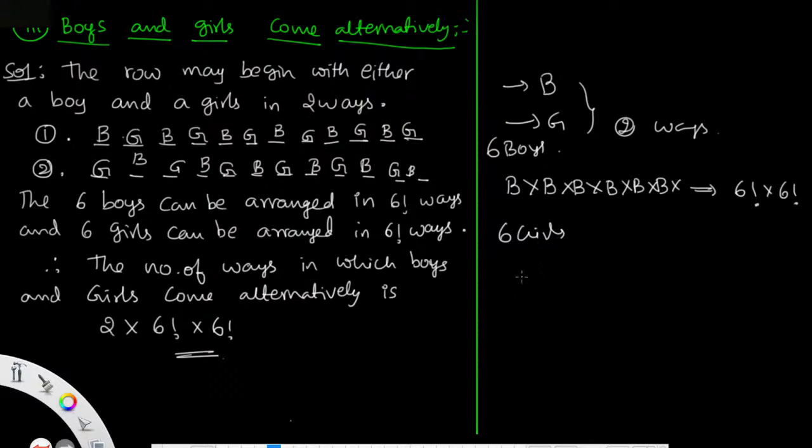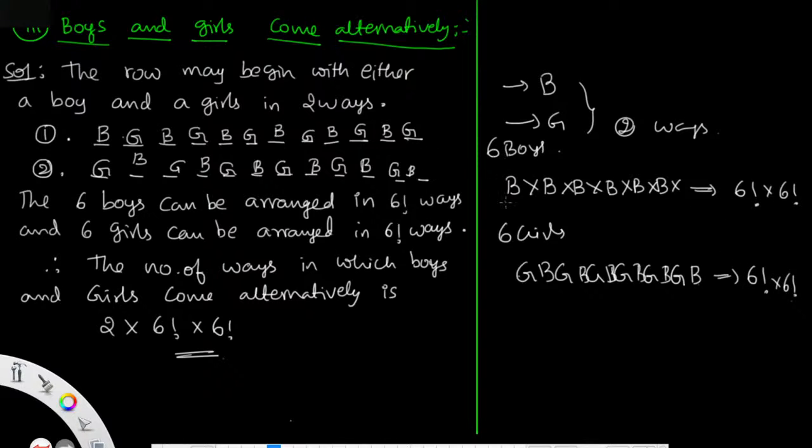Starting with girls G1, G2, G3, G4, G5, G6, the row may begin with 6 girls. The 6 girls can be arranged in 6 factorial ways, and then in between, the boys will occupy the places, which is also 6 factorial. So either this way or this way.